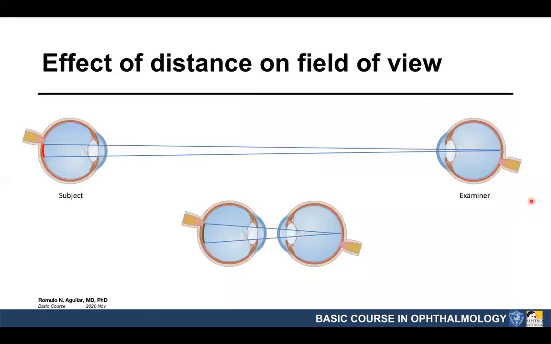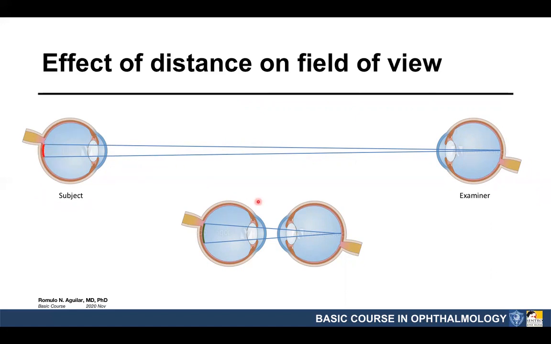Let's discuss the effect of distance on field of view. So this is the examiner's eye, and you have here the subject's eye. And let us assume that they are 8 inches apart. 8 inches apart, the subject's retina can still be focused on the examiner's retina, and the field of view will be as big as this.